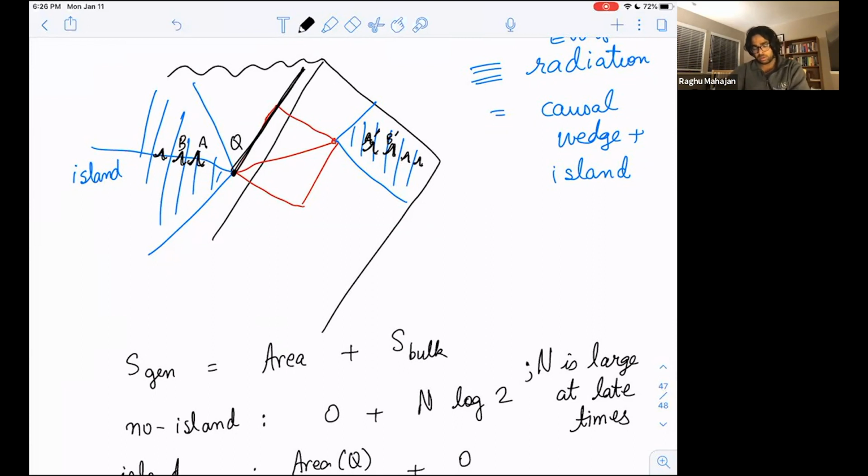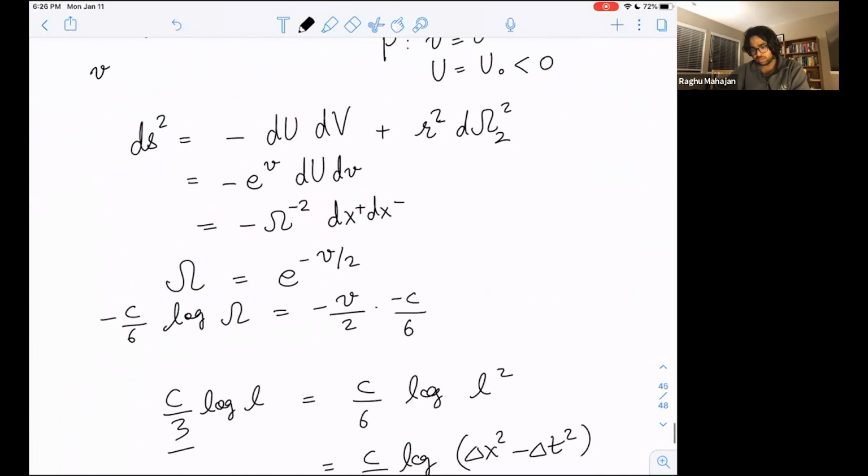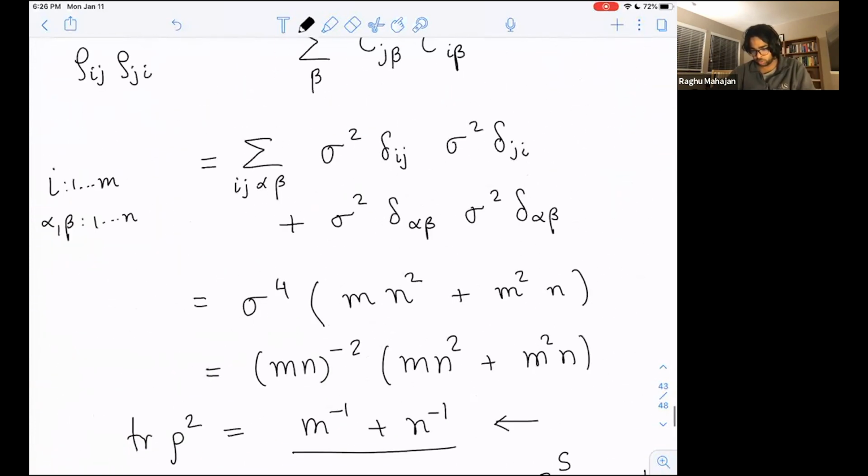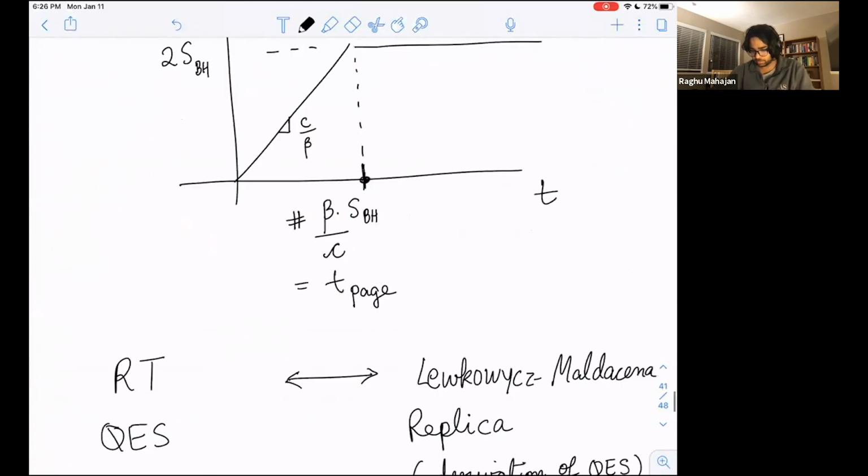That kind of logic does impose some constraints on the location of the quantum extremal surface.